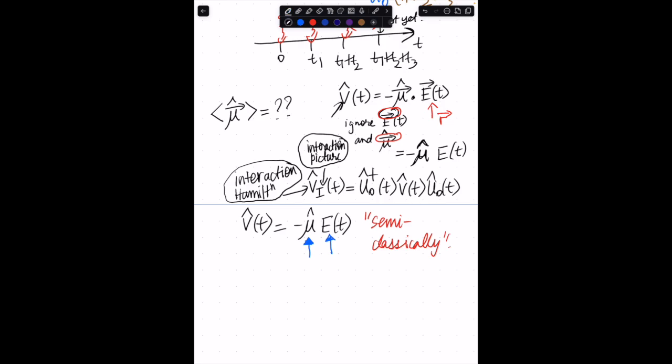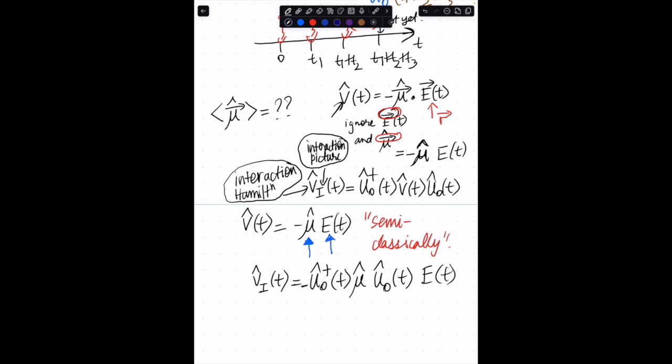So when I want to calculate the interaction Hamiltonian, or the perturbation, in the interaction picture, these time evolution operators, which are quantum mechanical, will only interact with the dipole operator. The electric field is just a number to these operators because they are classical. So I can write it this way: U hat dagger t, there'll be a minus sign, mu hat, U hat t, times E of t, which is just a scalar. The scalar can be brought to the front too.